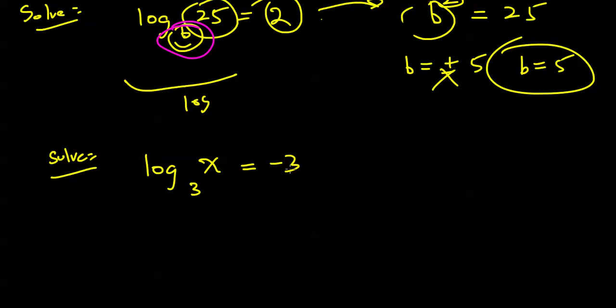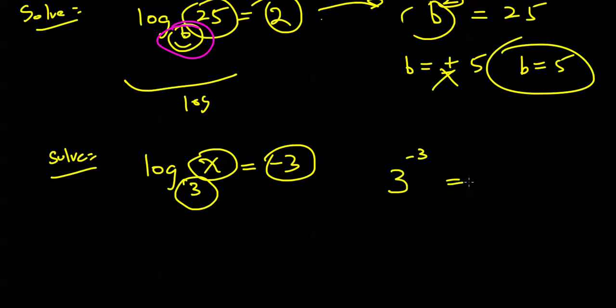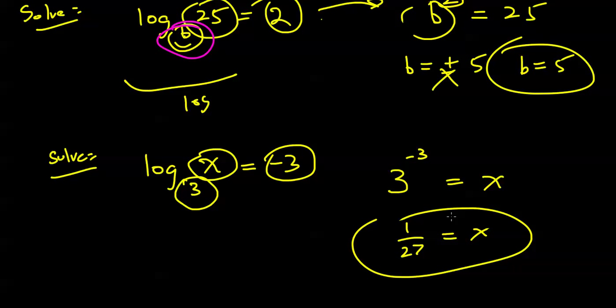So if the log x base 3 is minus 3, that means minus 3 is the exponent we put on 3 to get x. Alright, and I can solve for this x very easily now. 3 to the minus 3 power, that's 1 over 3 cubed. That's 1 over 27, so x here is 1/27.